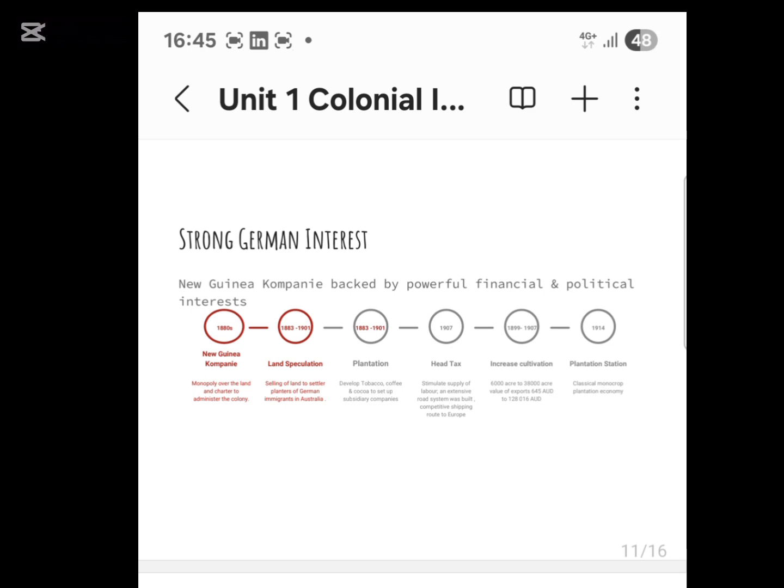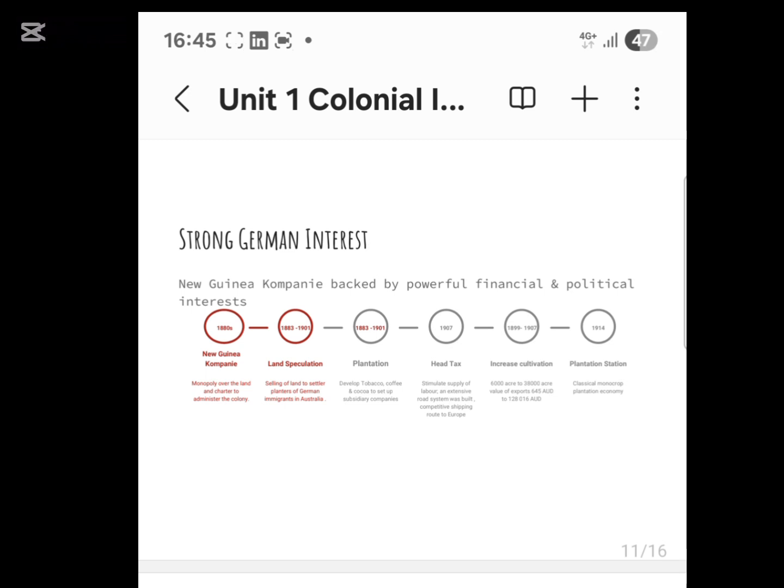And then by 1914 saw the full establishment of what is called the classical plantation system, where you have the establishment of stations, meaning the establishment of small townships.